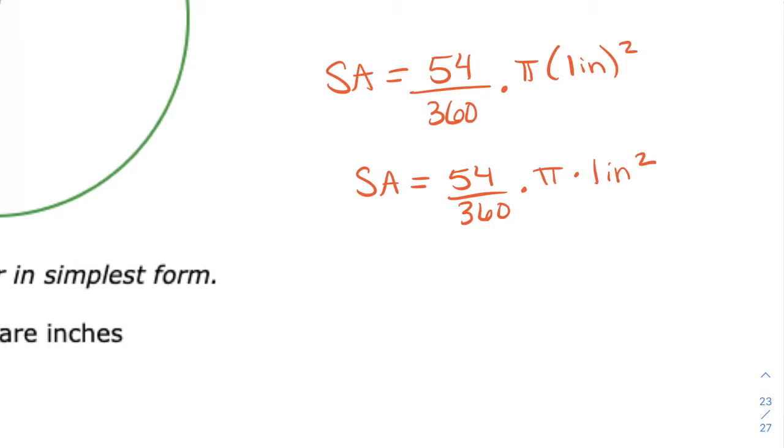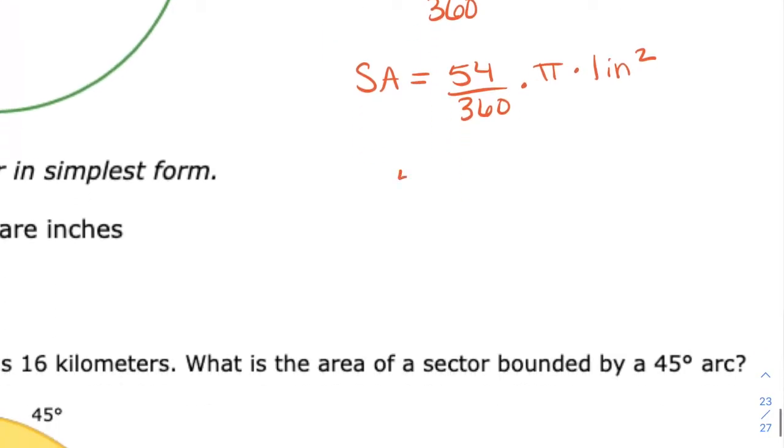Inch times inch is inch squared. So now it becomes 54 pi inches squared over 360. I'll leave inches squared off to the side.